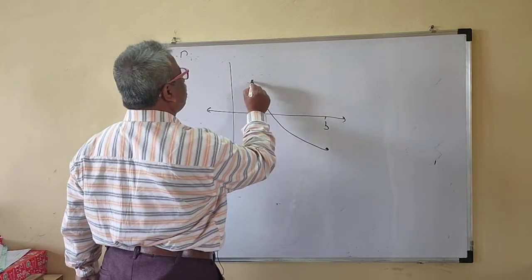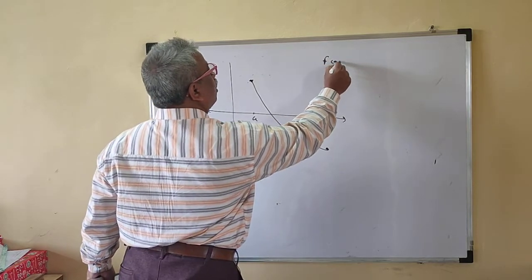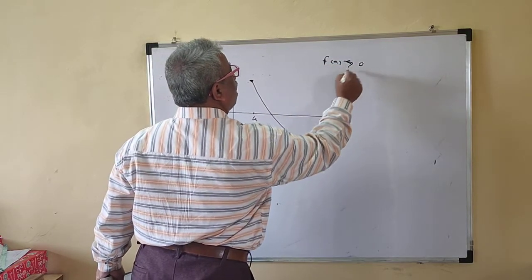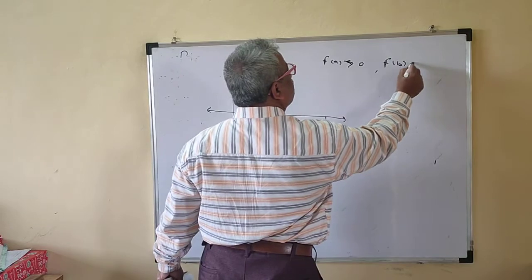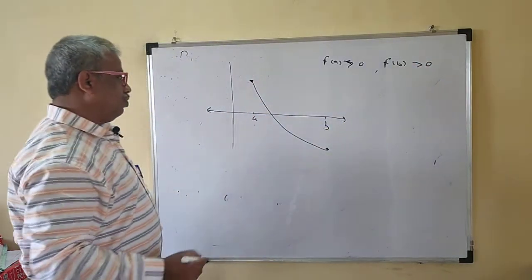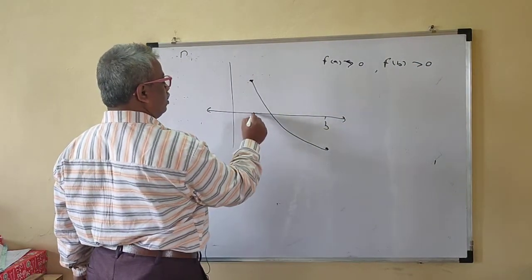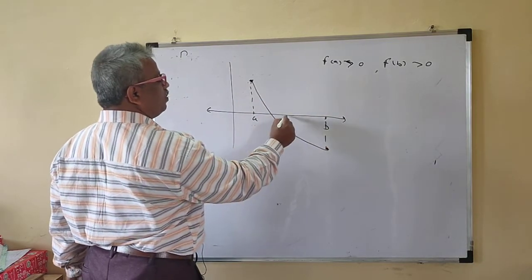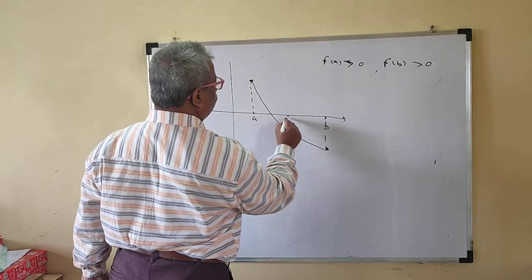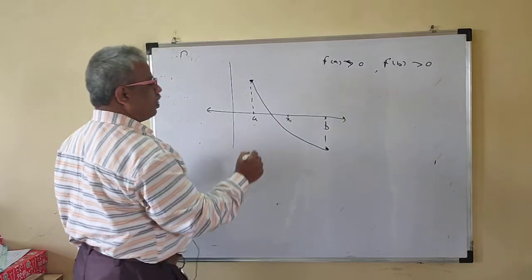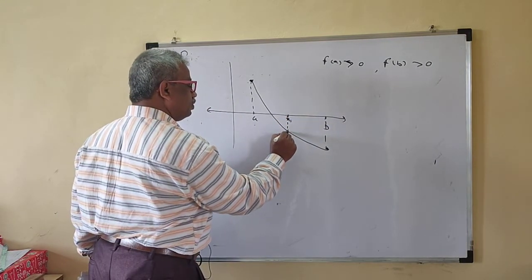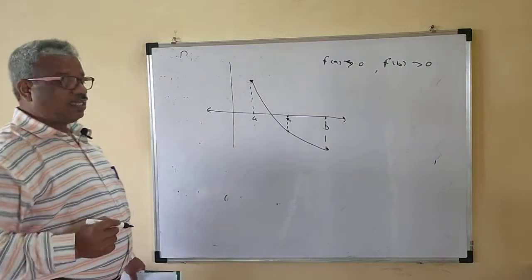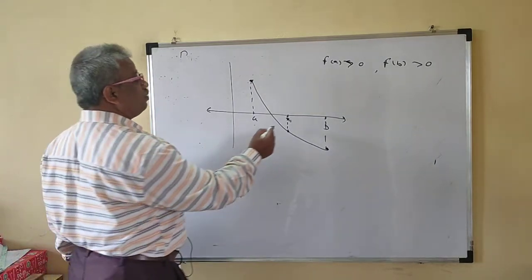Here f of a is positive and f of b is negative. Now a plus b upon 2, suppose this is x1. Then f of x1 is negative, so your root lies between these.